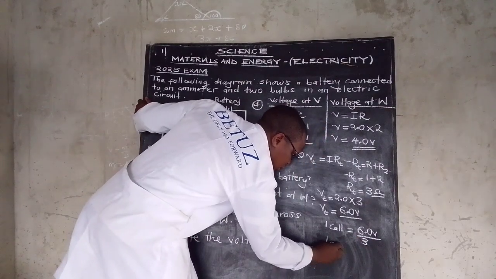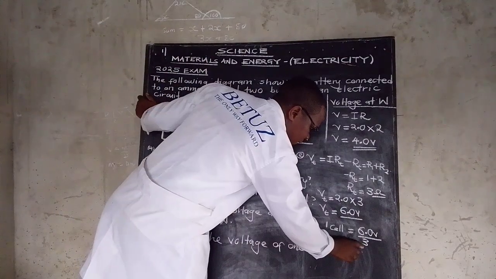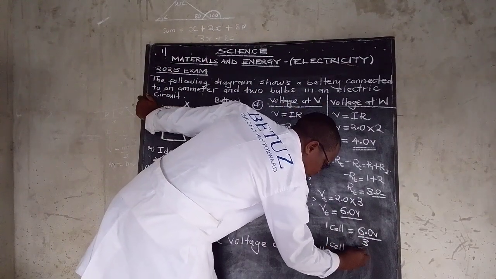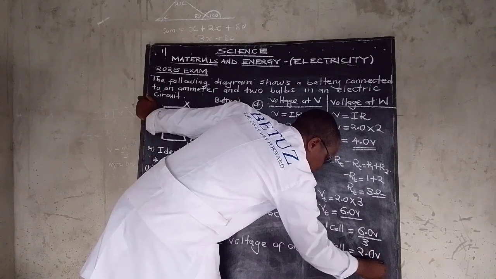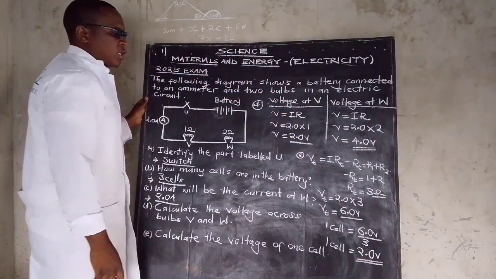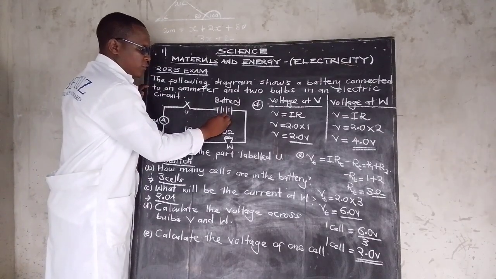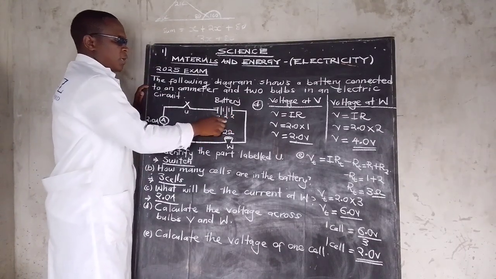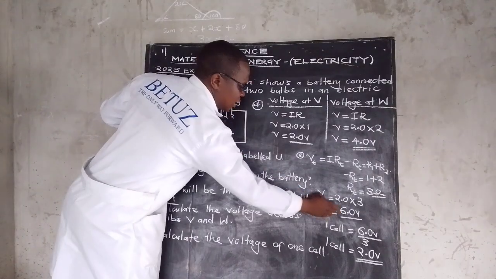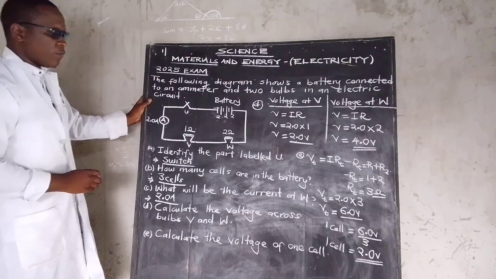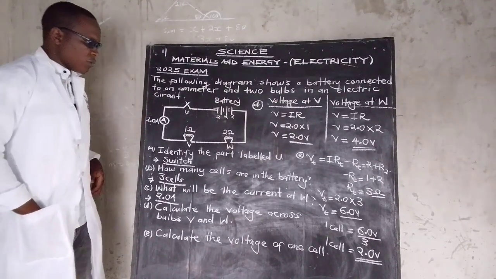So one cell is equal to 3 into 6 to get what? 2. So we have 2.0 volts. So meaning each cell has a voltage of 2.0. We have 2 here, 2 here, and 2 here. 2 plus 2 is 4, 4 plus 2, you get 6 volts, which is the total voltage. So the voltage for one cell is 2.0 volts.